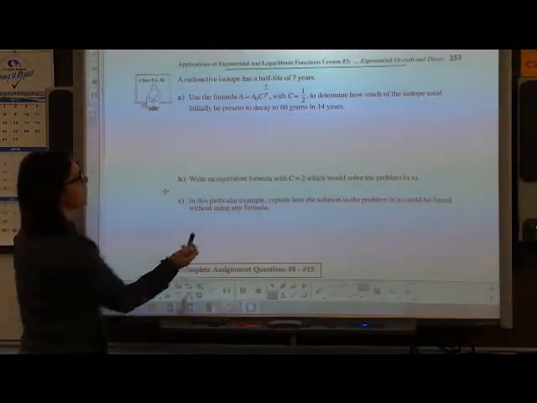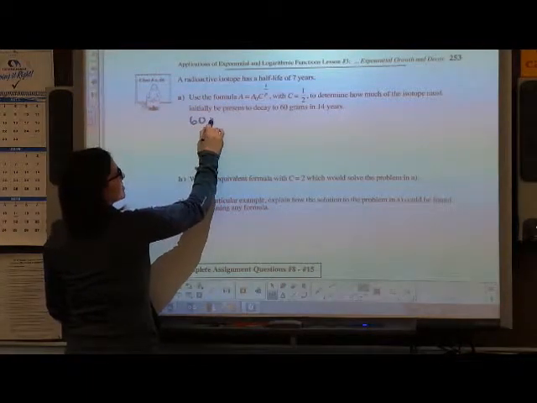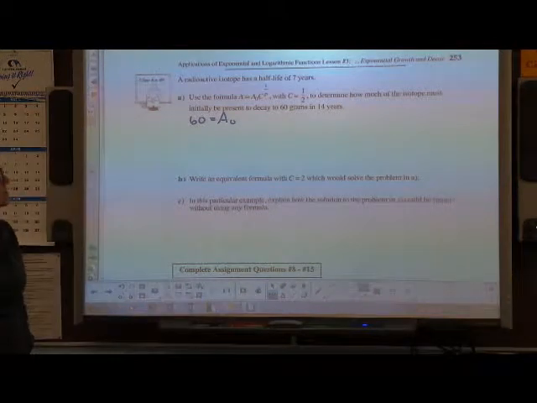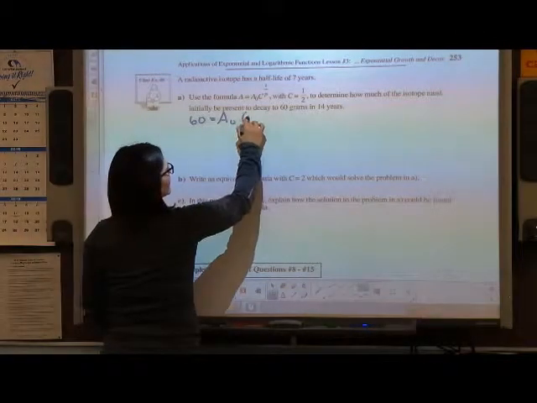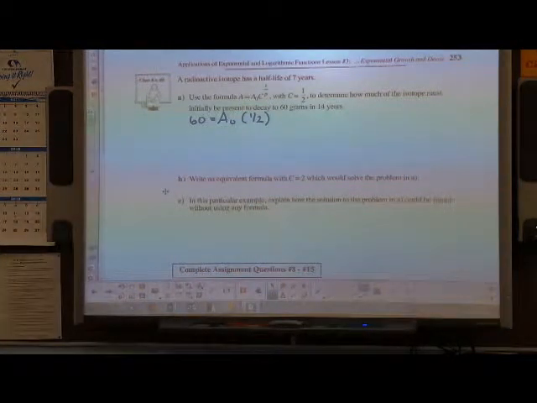So if I use this formula, 60 is my final amount, and A of 0 is my initial amount. I've got 1/2, and what is T? How much time has elapsed in this question? 14 years.